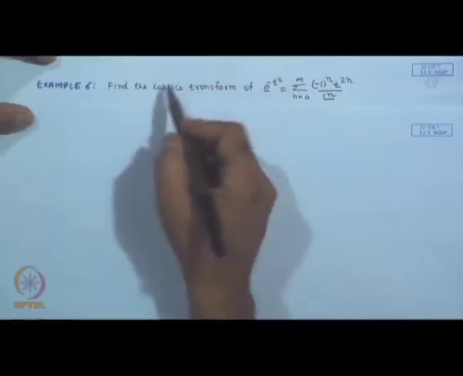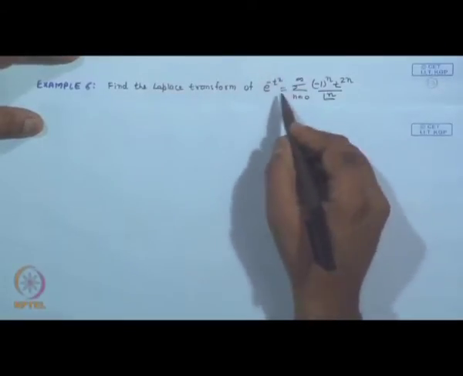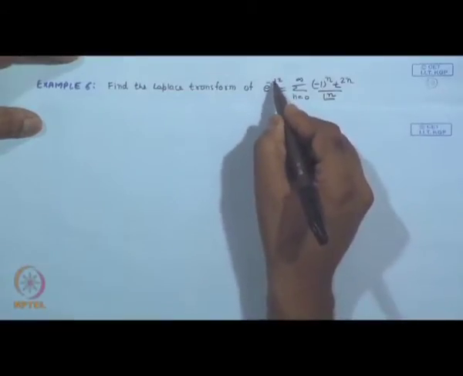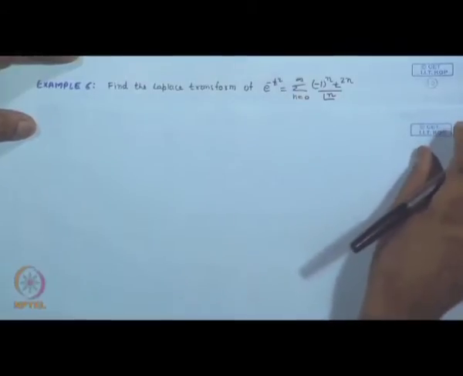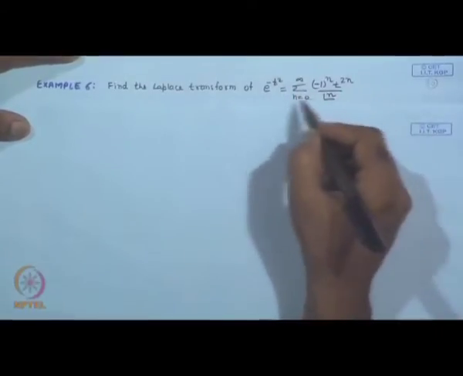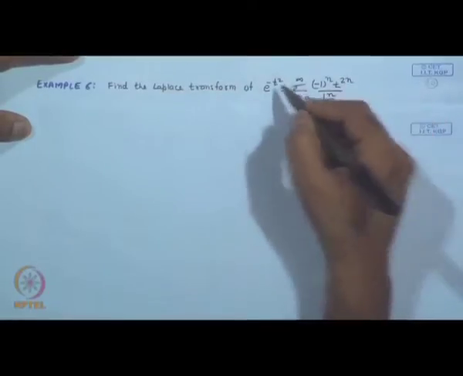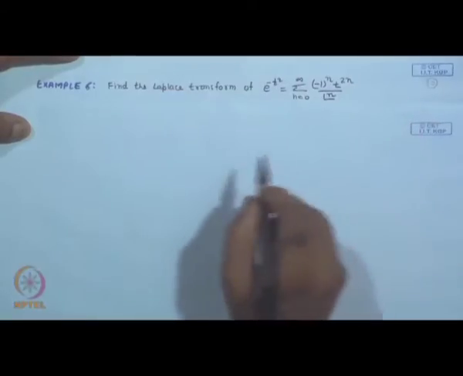So, let us just have a look at this example. We want to find the Laplace transform of e^(-t^2), and we can write this as a series: the sum from n = 0 to infinity of (-1)^n (t^2)^n over n factorial, so t^(2n) over factorial n.